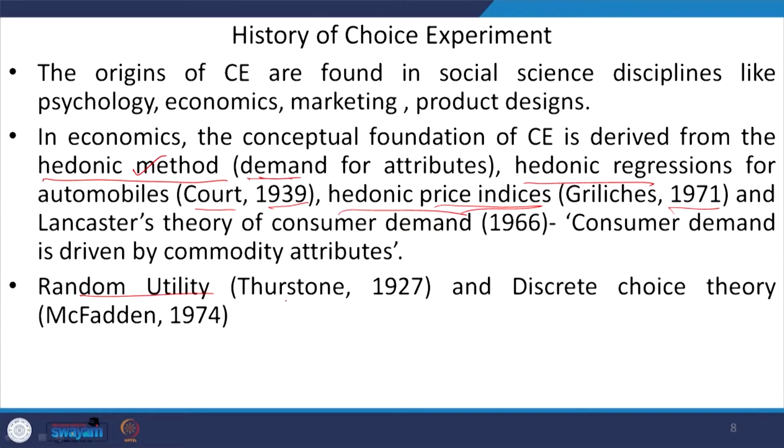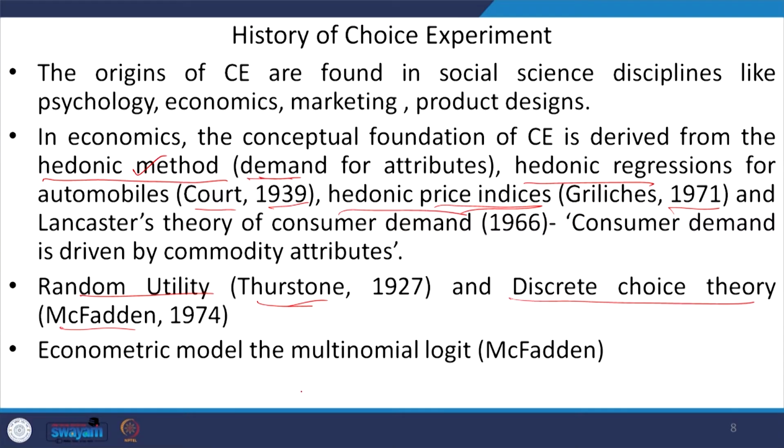We also talked about random utility theory. Originally it was developed by Thurstone in 1927, then McFadden expanded this idea of random utility and propounded the discrete choice theory. So, all these are the theoretical backbone that shaped what we currently find as the choice experiment.